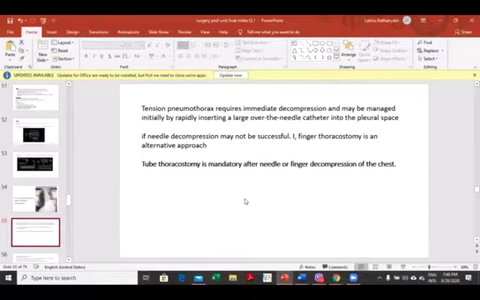In the BTS guideline, they call it the safe triangle, and in ATLS they introduce the anterior axillary line and mid axillary line. According to ATLS, you have to go between the anterior axillary line and mid axillary line above the fifth intercostal space. Usually we go to the fourth or fifth intercostal space.